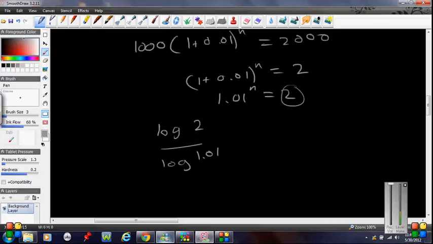It's hard to explain with text. If I show you, it'll be easier. So if I do log 2 over log 1.01. Oh wait, did I do that wrong? Oh my bad, sorry.